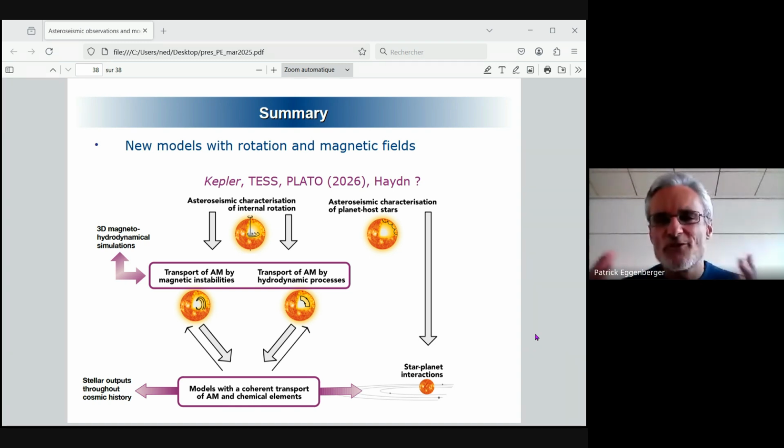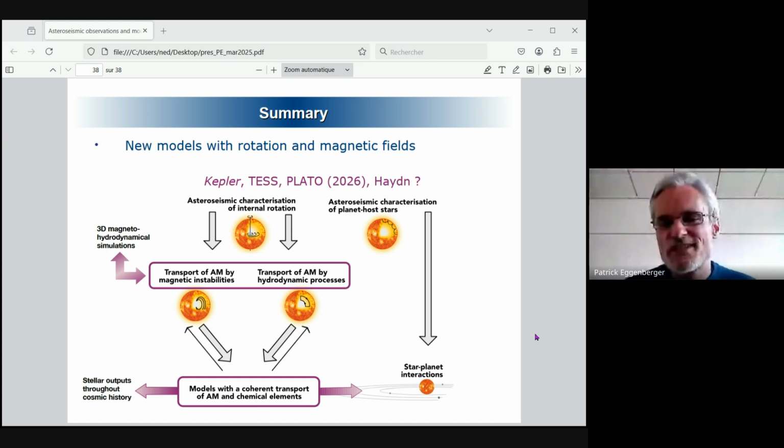But according to a result by Kevin Belkacem and collaborators, you can also have the transport not by evanescent waves, but by mixed mode oscillations. But it is for more luminous red giants.